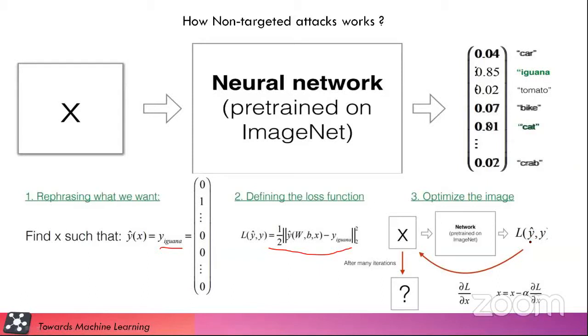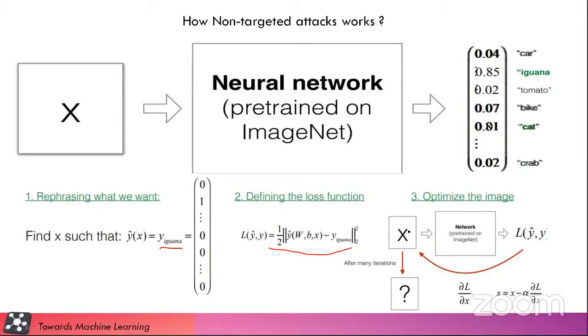Then we backward propagate all the gradients back through the network, and this is how the optimization process works. Even after many iterations of forward and backward propagation, using a gradient descent algorithm for optimization, at last we will get an image that is classified as an iguana.